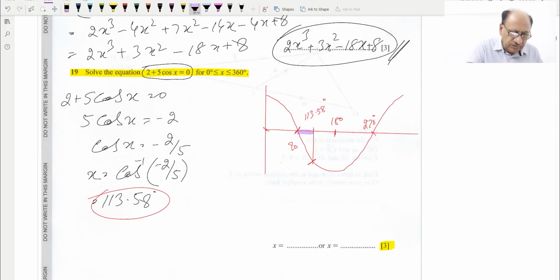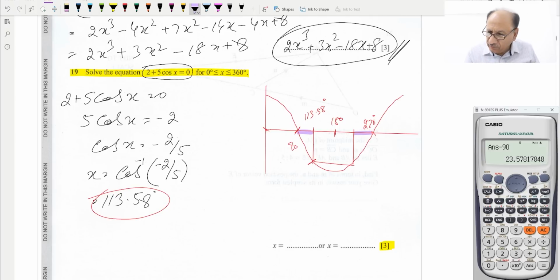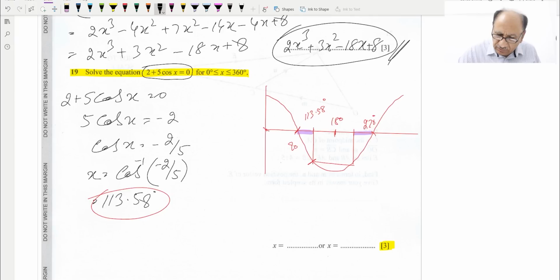From the other side, if we check, the next will be like this one over here. So this angle will also be 23.58. So we can write here 23.58.